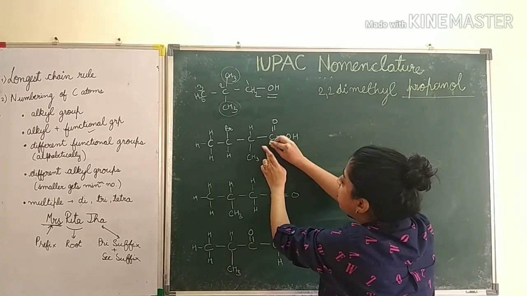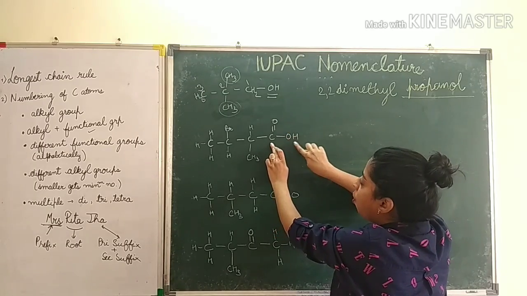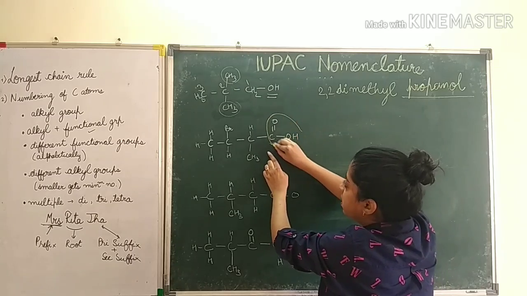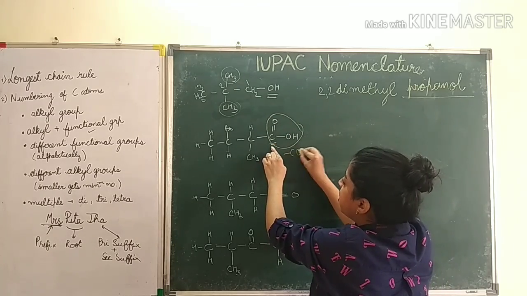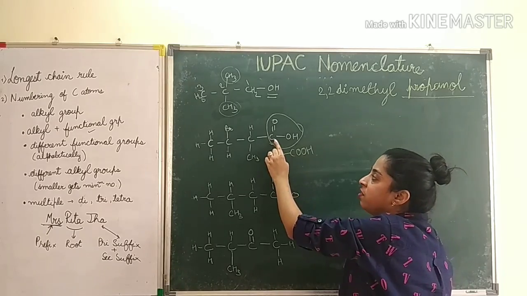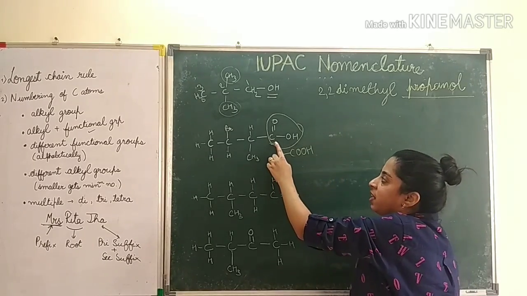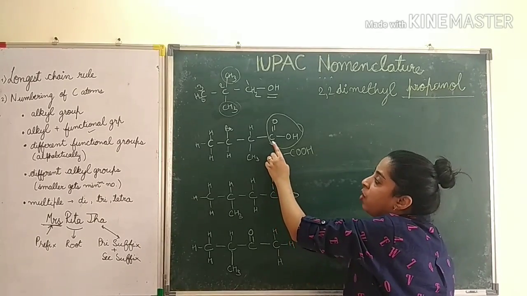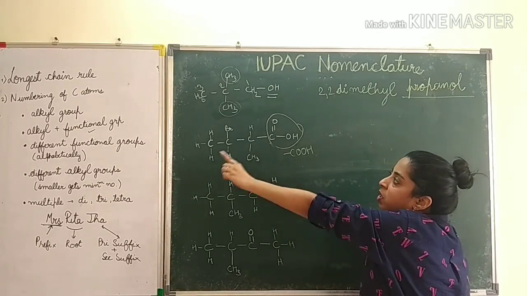propanol, right? Now in this structure you have to first identify the functional group. Now students see, this is COOH. If we look at just this C, it is COOH, this is nothing but your carboxylic group. Now children, you should always remember that in 2 functional groups, that is aldehyde and carboxylic acid, you have to count this carbon atom in the longest chain.